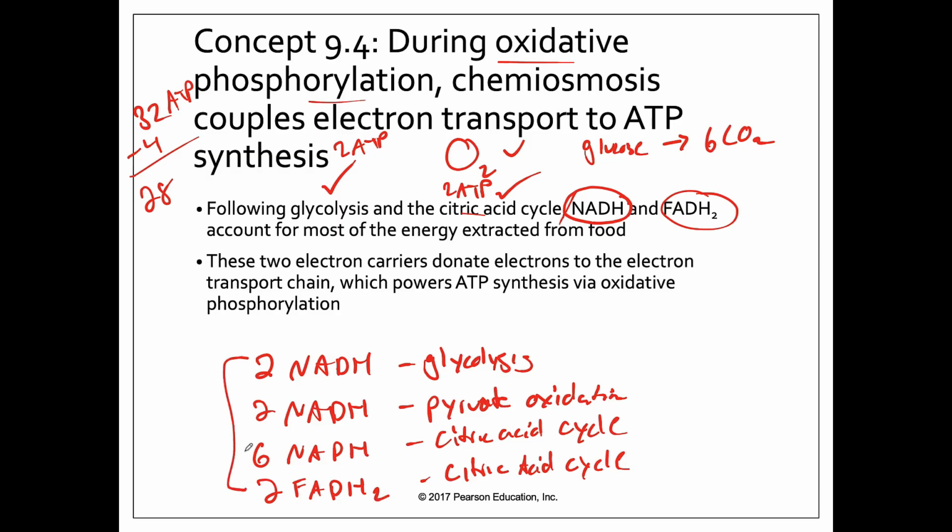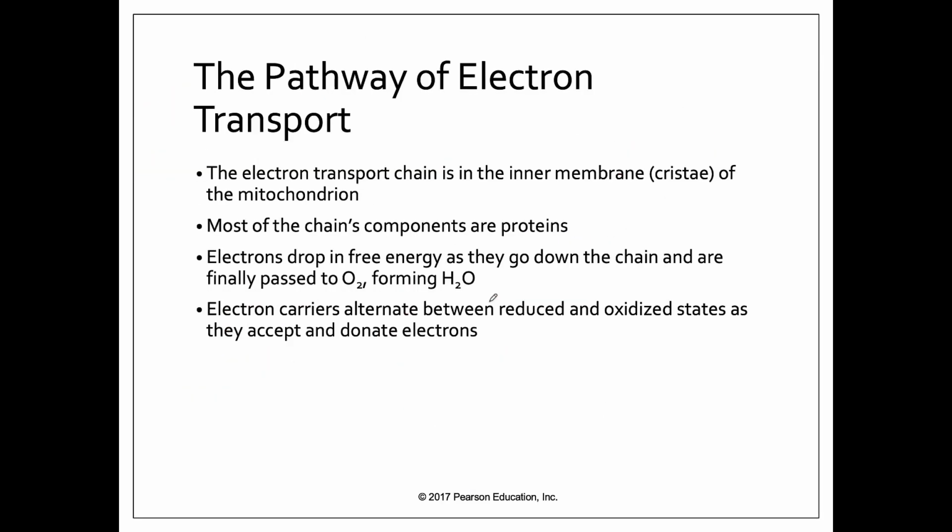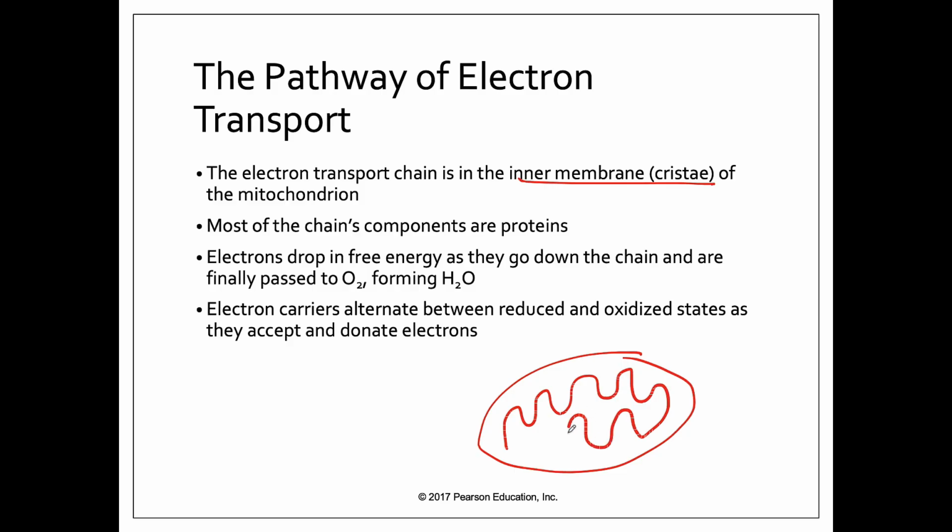And these are all going to go into the electron transport chain to power the production of those last 28 ATPs. So this is going to happen inside of the mitochondria. So it happens on the inner membrane called the cristae. And if you remember what the structure of the mitochondria looks like, the inner membrane is highly folded.